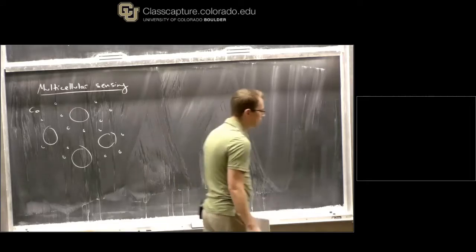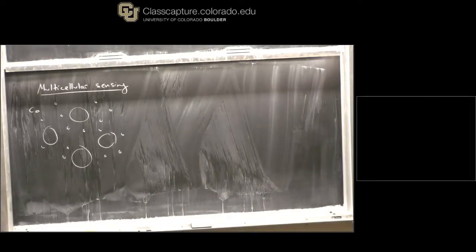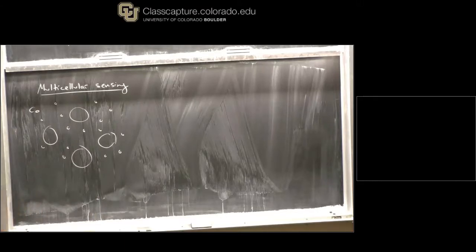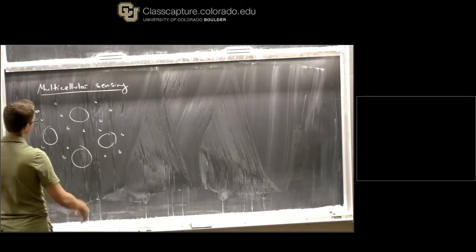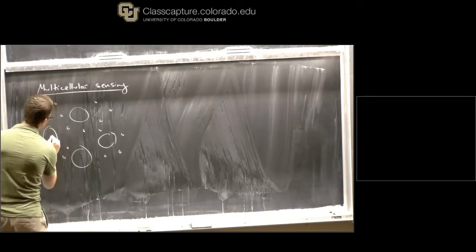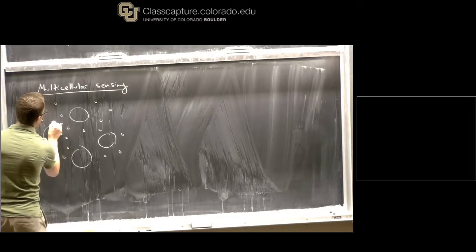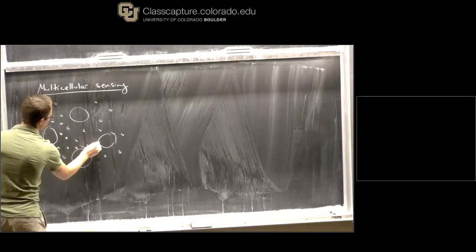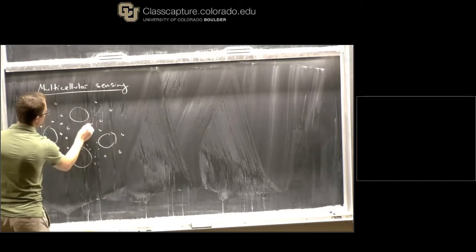But now, let's imagine that they have some way of talking. And we can stick with the simplest way of talking, which is just to have some molecule that they produce be diffusing, with the potential for it to be read out by other cells, right? So imagine now each cell is also secreting molecules that can be read out by other cells, or maybe even the same cell.